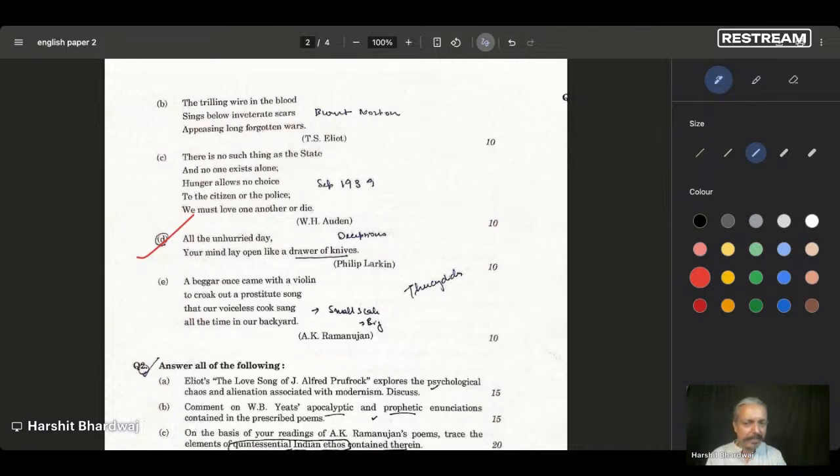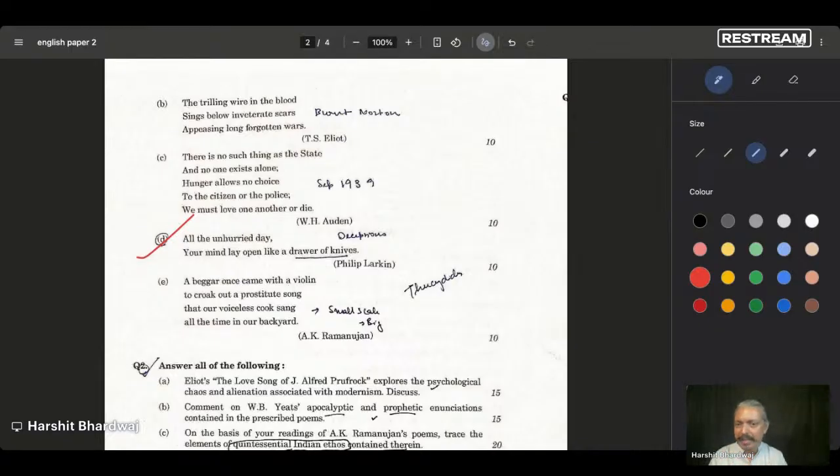Obviously, there is a figure of speech here, like a drawer of knives, right? You identify it well. If you identify any figures of speech, you should mention that. But the very first thing you have to do is place these lines when you say this is from Deceptions, and then you build the premise of the theme, not the general theme.